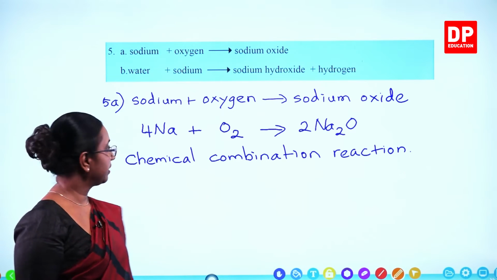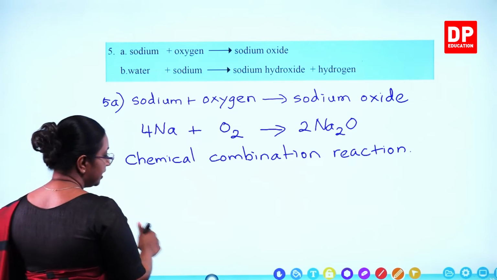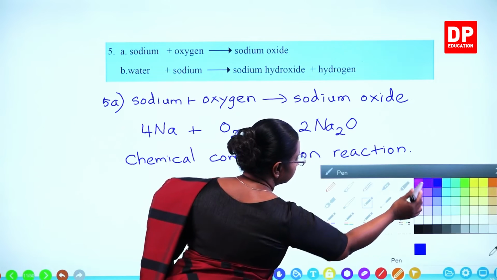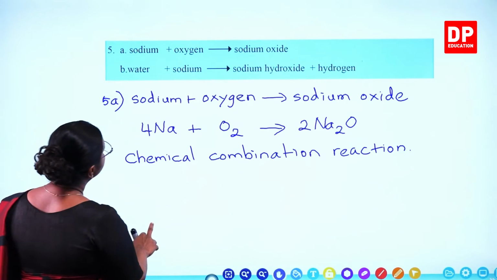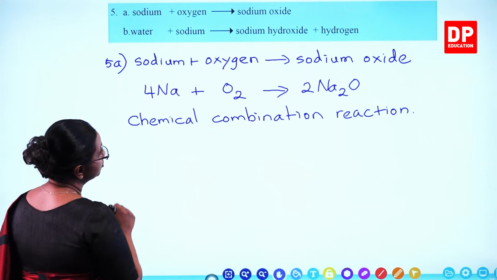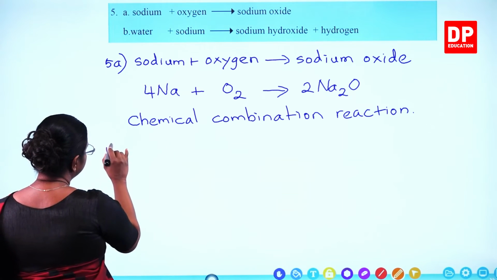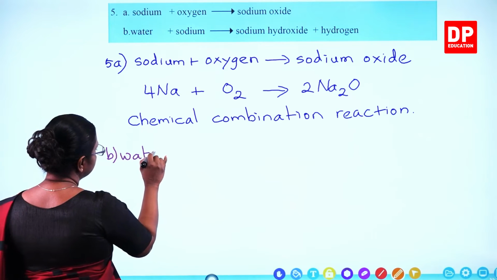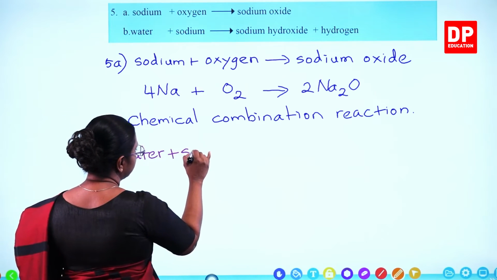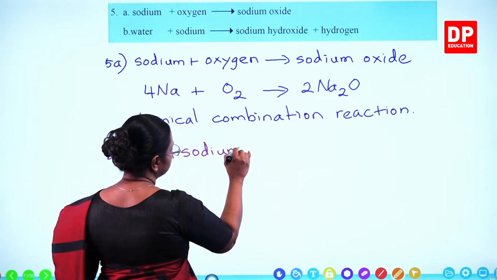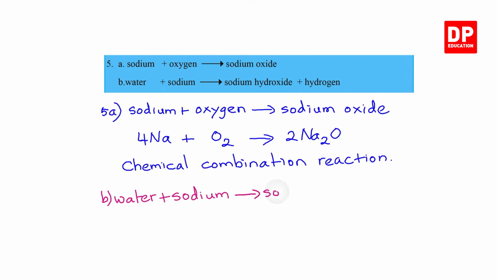Chemical combination reaction. Then the next one. What is it? Water plus sodium giving rise to sodium hydroxide and hydrogen. So B part, water plus sodium giving rise to sodium hydroxide and hydrogen.